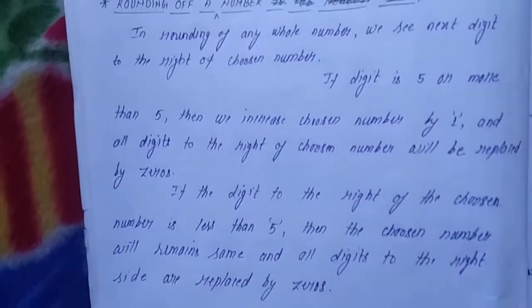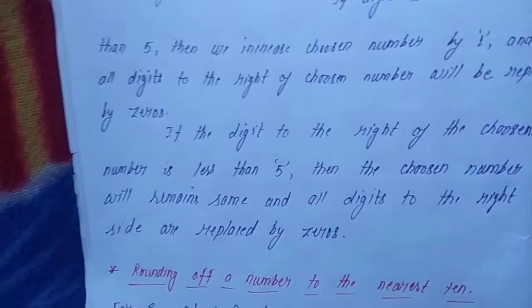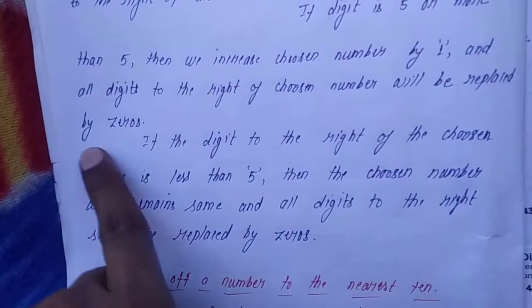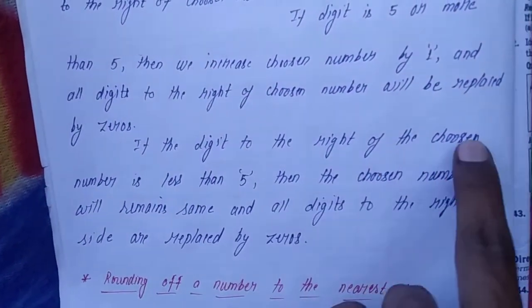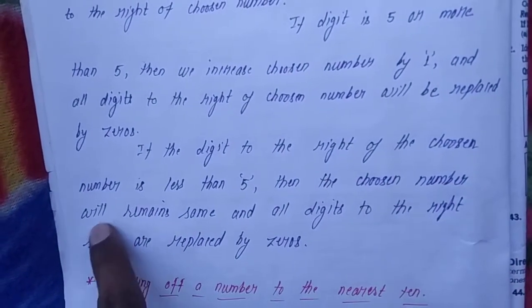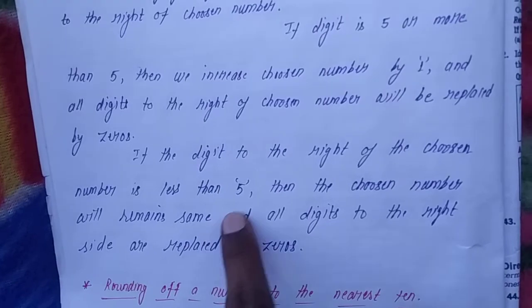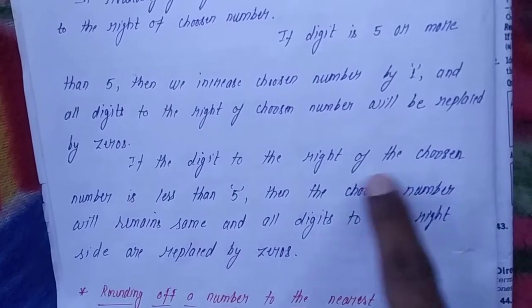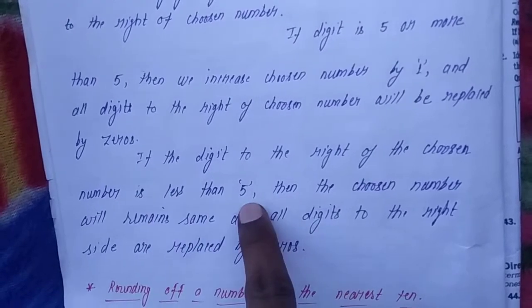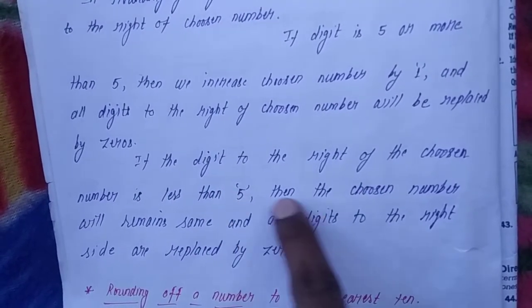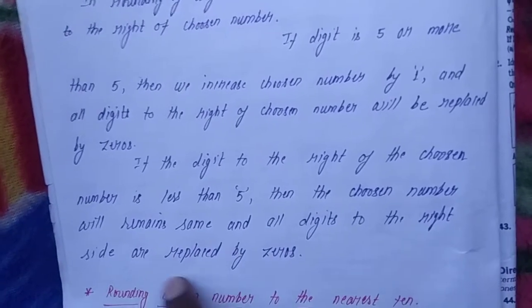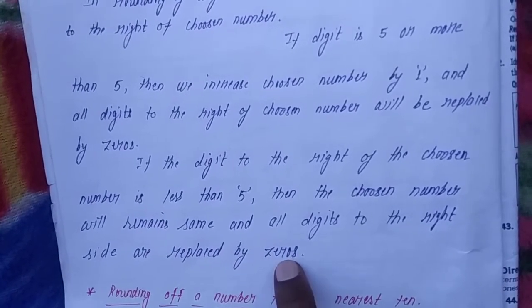Now another paragraph is also very important. See here. If the digit to the right of the chosen number is less than 5, then the chosen number will remain the same, and all digits to the right side are replaced by zeros.